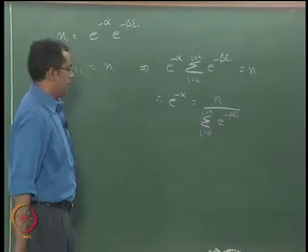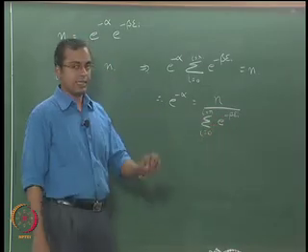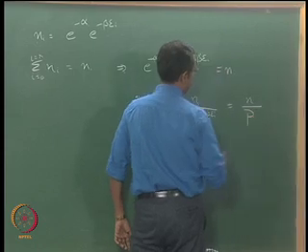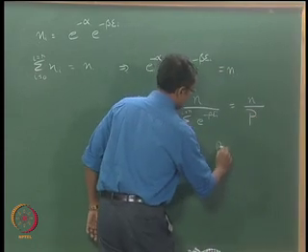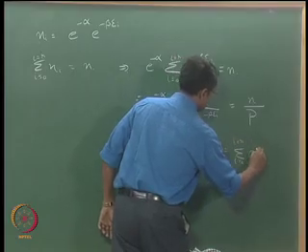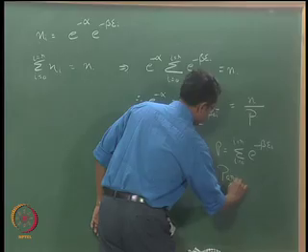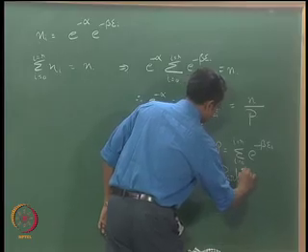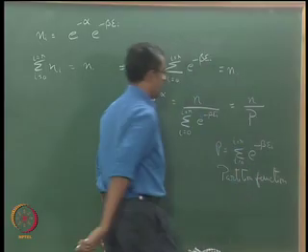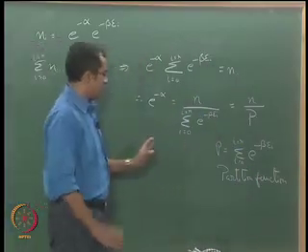This sum in the denominator is called the partition function. So it is the same as n by P, where P is the partition function. I will explain what it does in a moment.